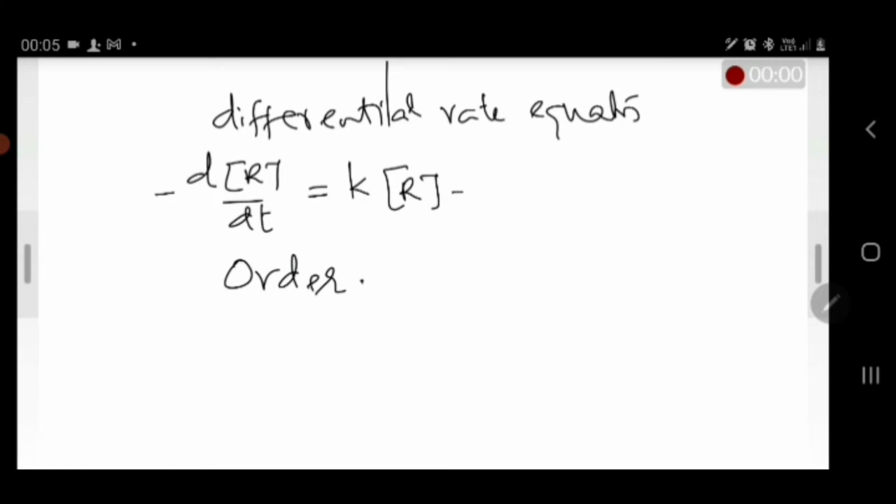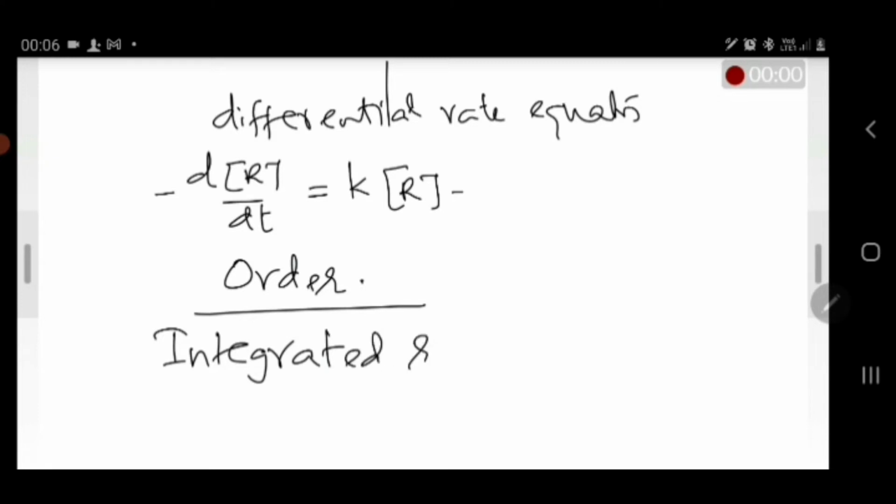So you need some shortcut method so that you can predict the extent of the reaction in a single shot. For that only, they have introduced the integrated rate equation.